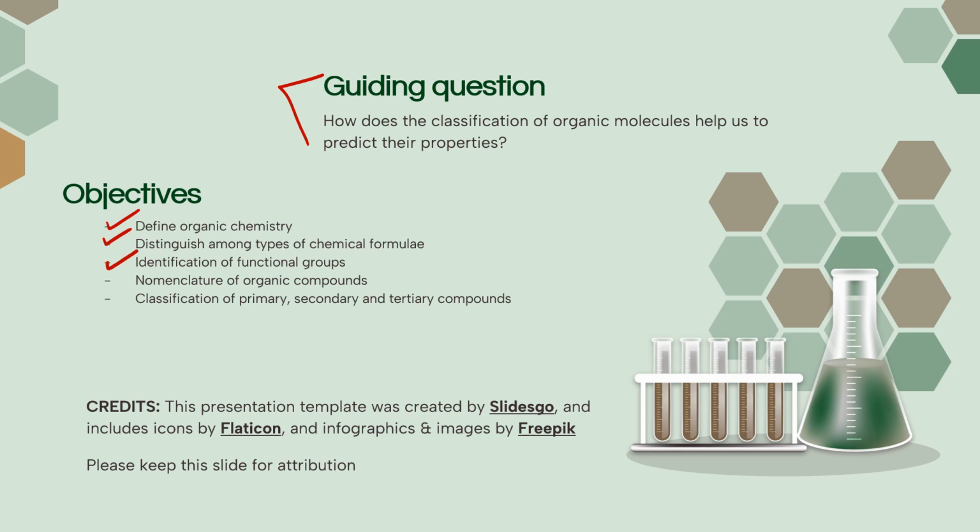We talked about identification of lots and lots of different functional groups, our hydroxyl groups, our carboxyl groups, carbonyl groups. We talked about nomenclature for lots of organic compounds. How do we name alkenes and alkynes? How do we name the alcohols and the carboxylic acids? We also classified our nitrogenous compounds and our alcohols as being primary, secondary, and tertiary. Well done.